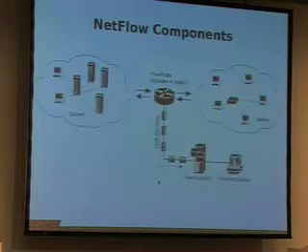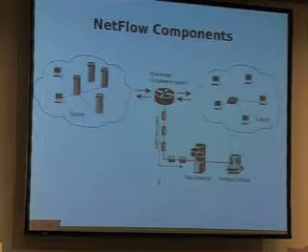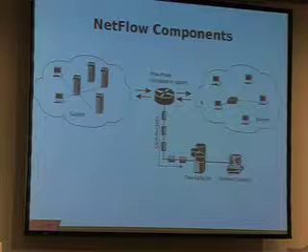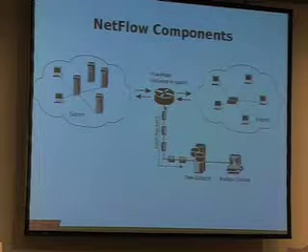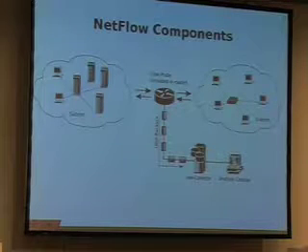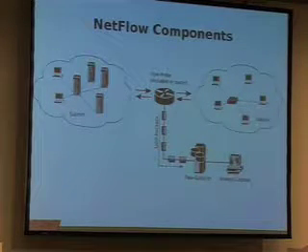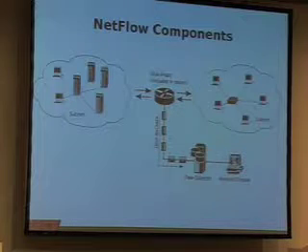The implementation of NetFlow, as you can see in the picture, consists of two components. The first one is the so-called flow probe, which is software that could be implemented in the firmware of a router or on a PC.